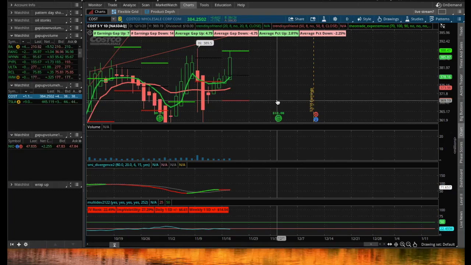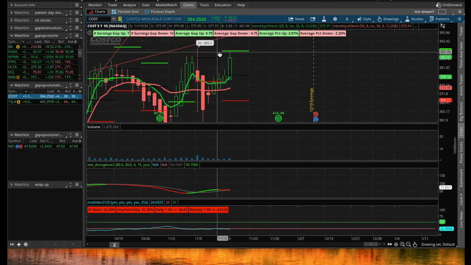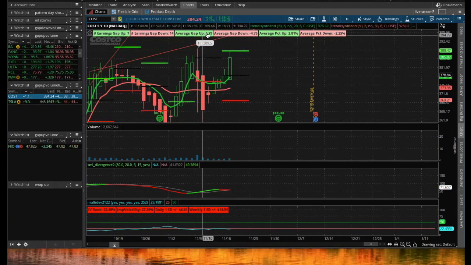As weird as that sounds, that's just kind of how it works out. So looking at this, I'm seeing we clipped that top end of the expected move. We stayed within the average range that was expected.